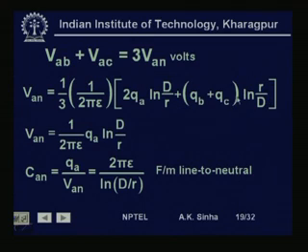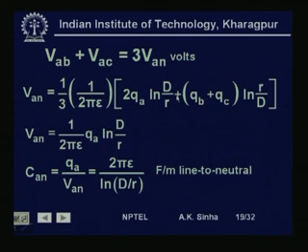So, from this relationship we can find out now VAN is equal to 1 by twice pi epsilon into, now QB plus QC is equal to minus QA, because QA plus QB plus QC is equal to 0.